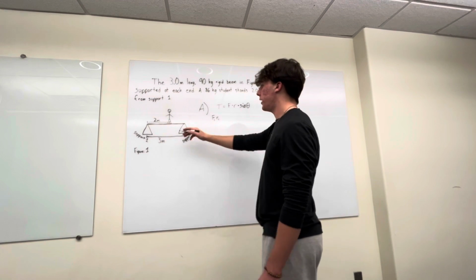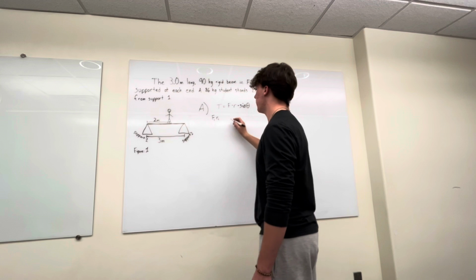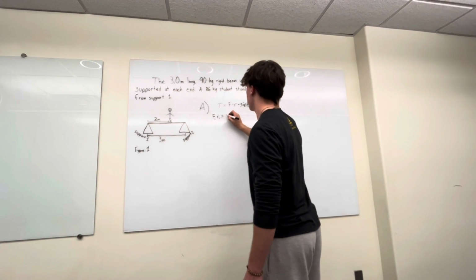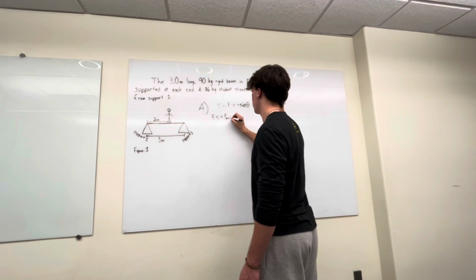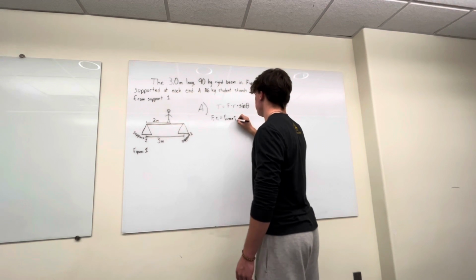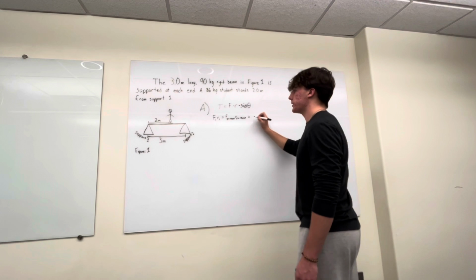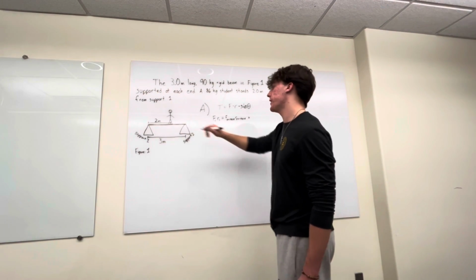So force of support 1 times the radius of support 1 is going to be equal to the force from the person times the radius that they are at, plus the force from the beam times the radius of the beam.